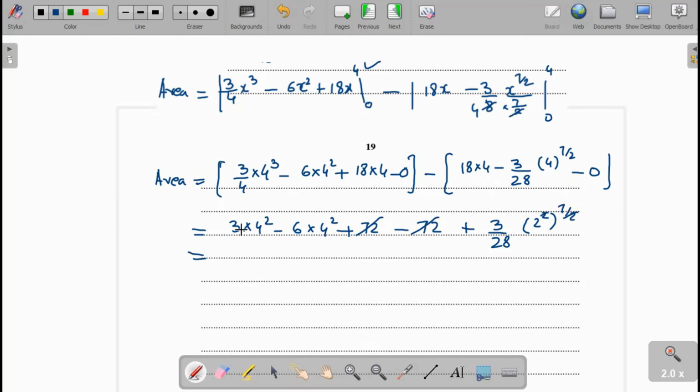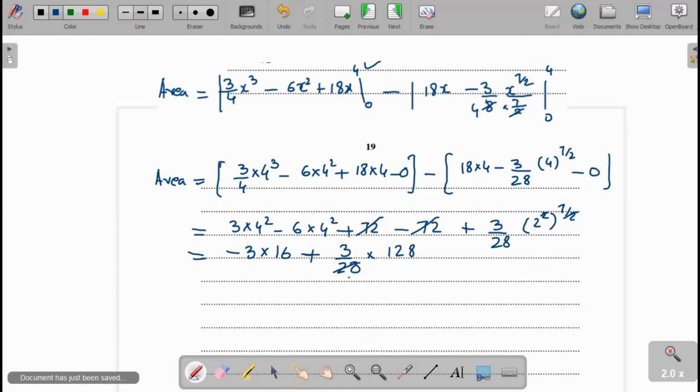And minus 3 into 4 square minus 6 into 4 square, that's equal to minus 3 into 16, that is equal to plus 3 over 28 multiplied by 2 power 7, which is 128.